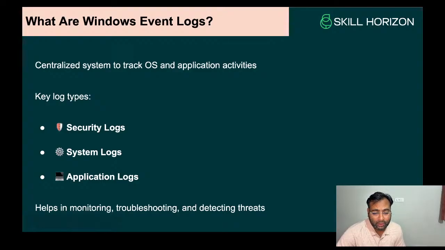If some application activities are generated, then logs are also created, not only for operating system activities. And in Windows, we have three main log types, which are security logs, system logs, and application logs. These logs help you in monitoring, troubleshooting, or detecting threats.